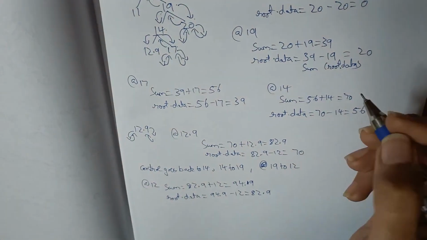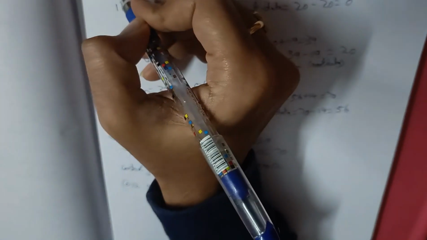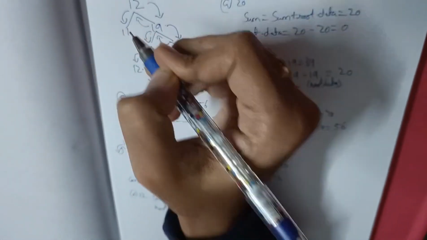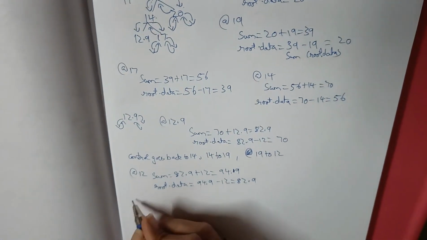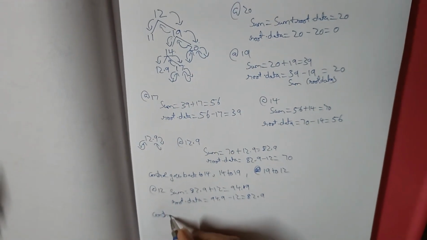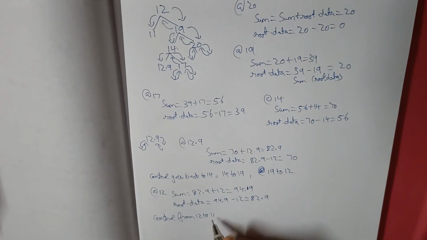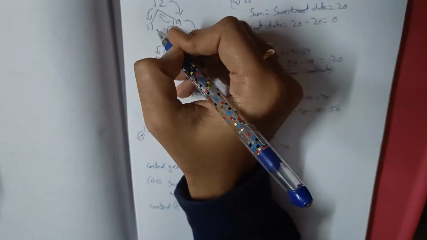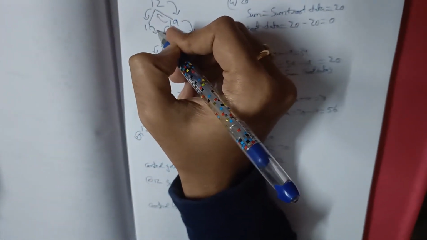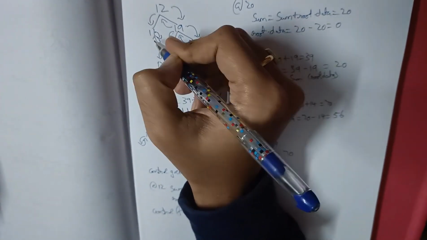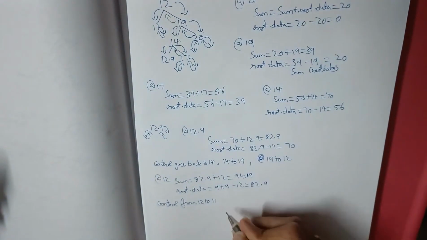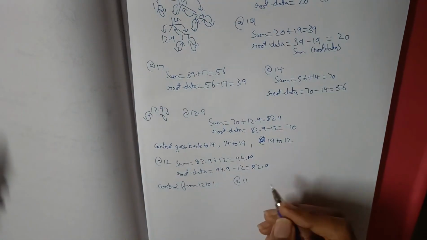Now the control will go back to the left subtree of 12, which is 11. So control goes from 12 to 11. At 11, the control goes to the right subtree of 11, which is non-existent, so you get a null value. So at 11, let's see what's going to happen.